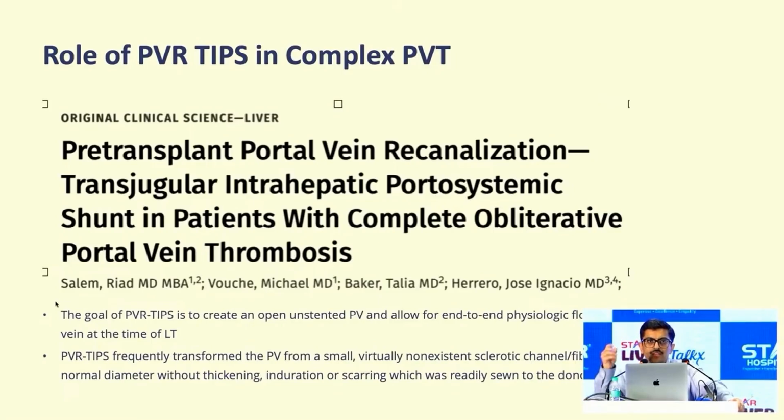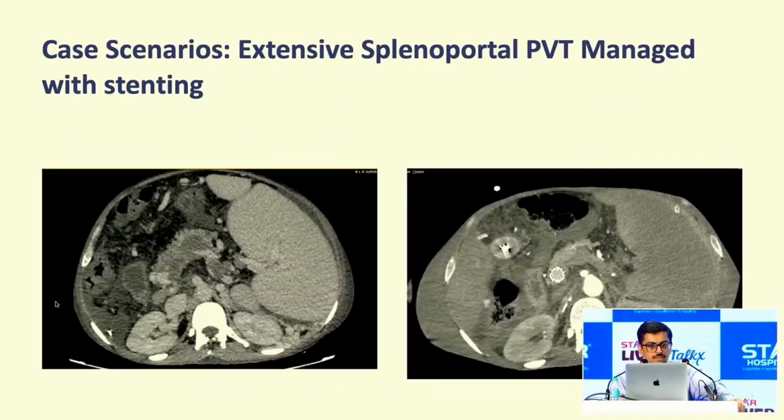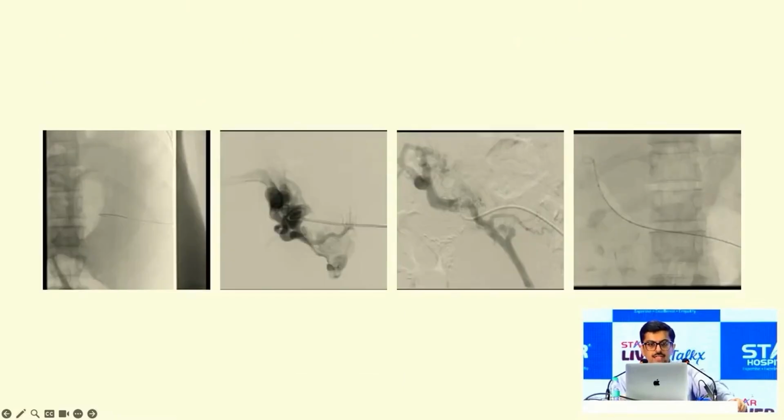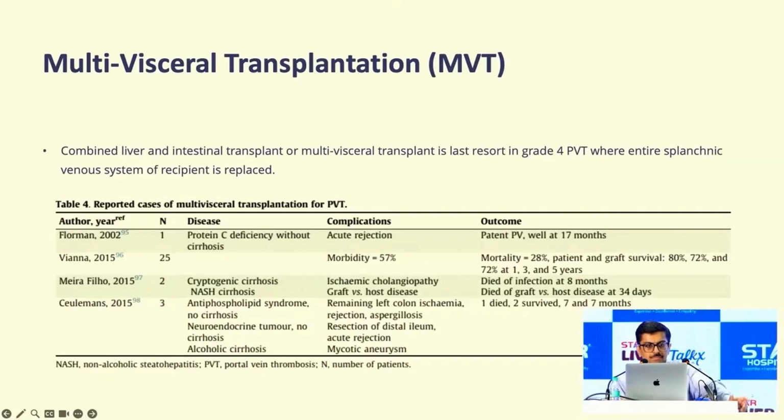Even if you have a small segment of splenic vein, you can go transsplenic, open up the splenic vein and portal vein using multiple balloon angioplasties, and then put in a TIPS, and you can actually do a transplant 4 to 6 weeks later, which is a much better outcome compared to going in with no major collaterals available. So this is one such patient where only a small segment of splenic vein was there, transsplenic, and the stent was placed, and the portal flow could be achieved.